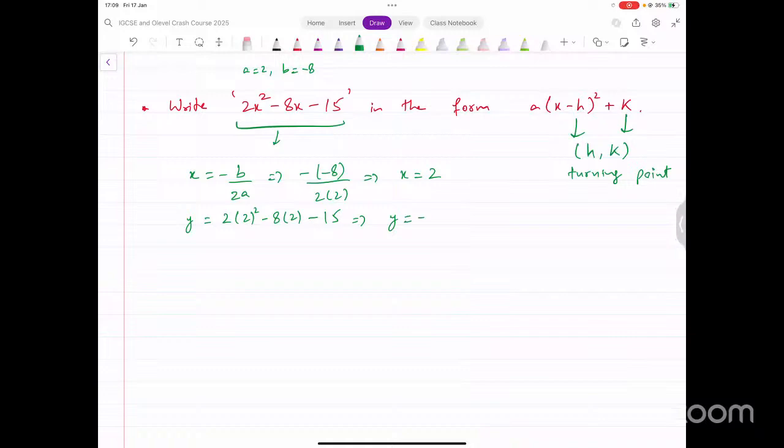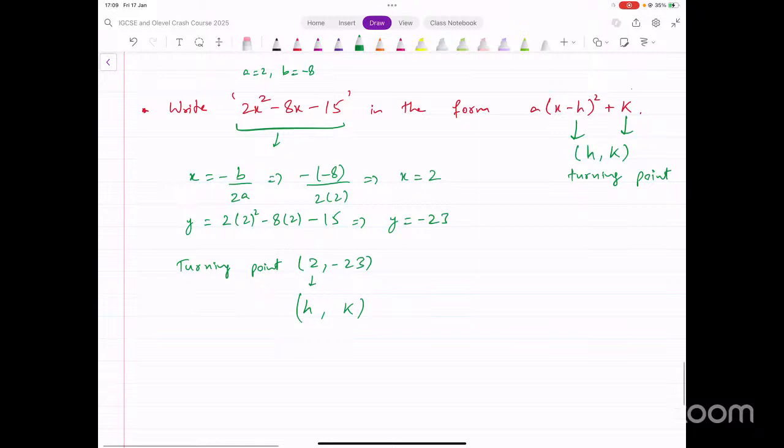So y is equal to minus 23. Now the coordinates of the turning point therefore are 2 and negative 23. Now this is basically h and this is k in this completed square form.